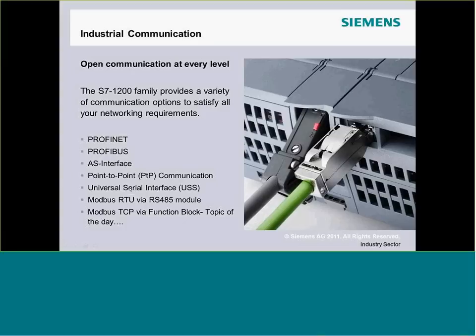We also have point-to-point communication, which is PTP. It's typical RS-232 or RS-485 communication that can be used for connecting devices like bar code scanners, ASCII strings, etc. Then we also have what is called USS, the Universal Serial Interface. It's a Siemens proprietary interface to talk to the drives.